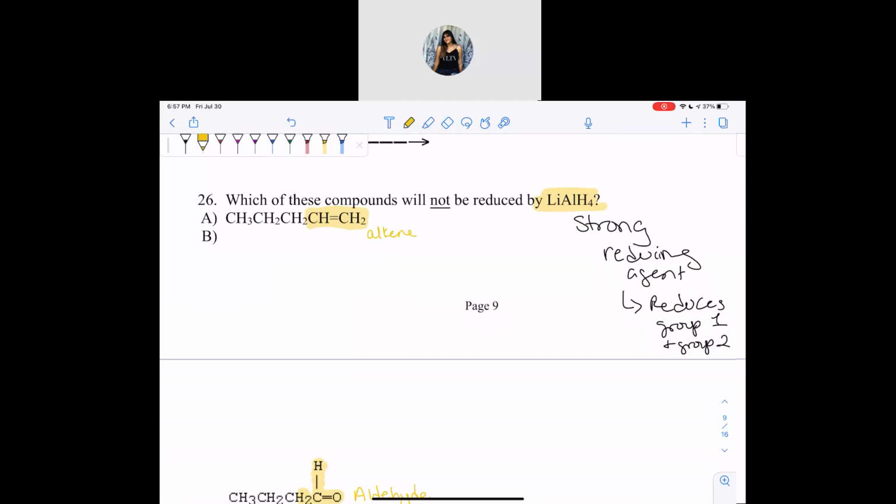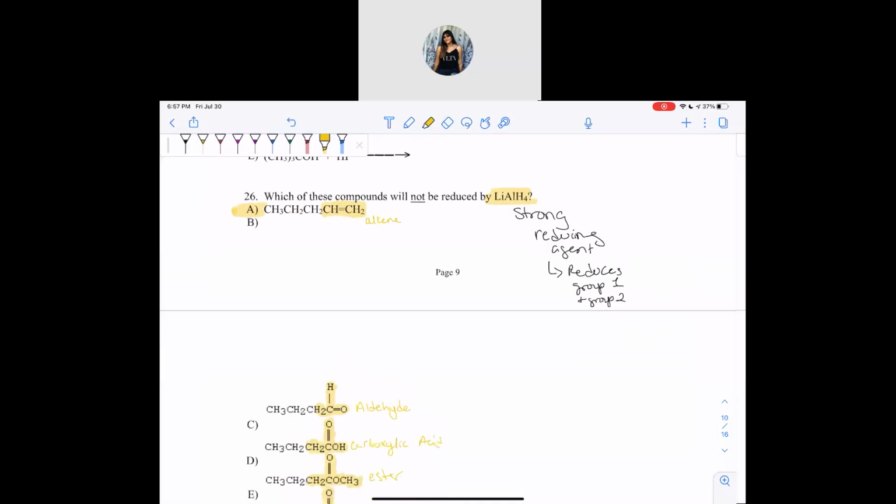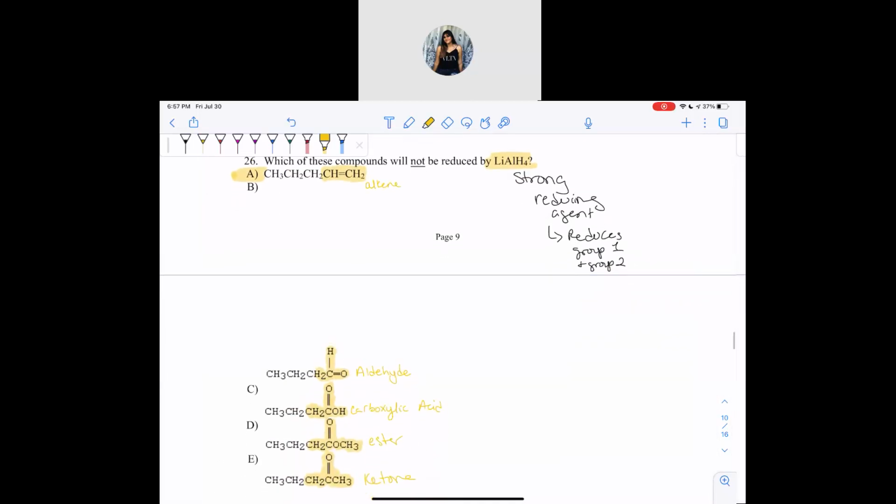So the answer to this is A. Because we know that LiAlH4 reduces group 1 and group 2. All of these answer choices fit into group 1 and group 2, except for A. Therefore, A will not happen, and that is our answer. Did my logic make sense for this one? Ish, maybe.